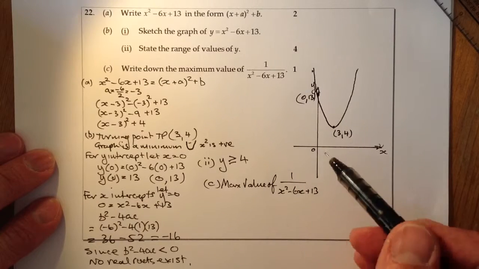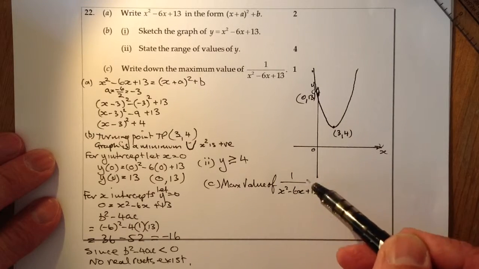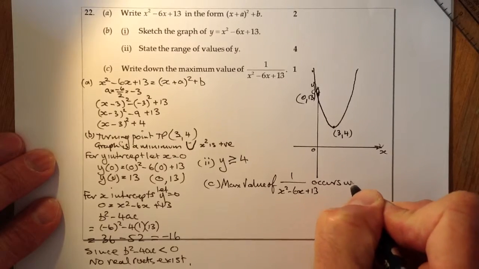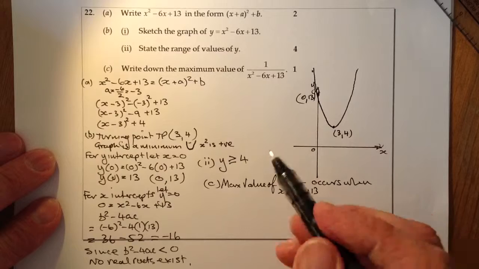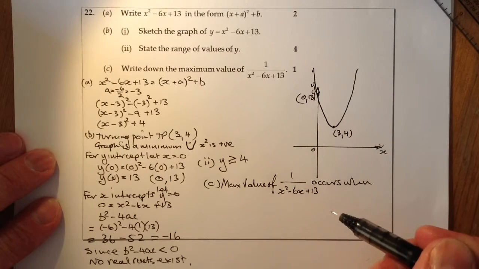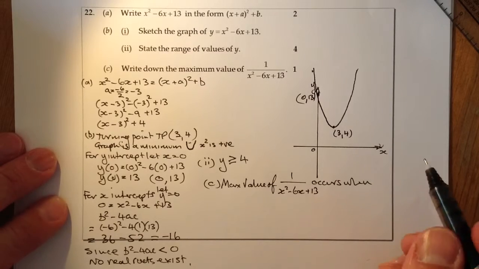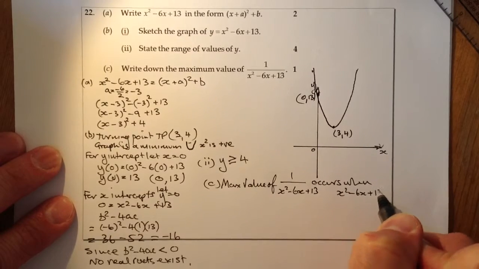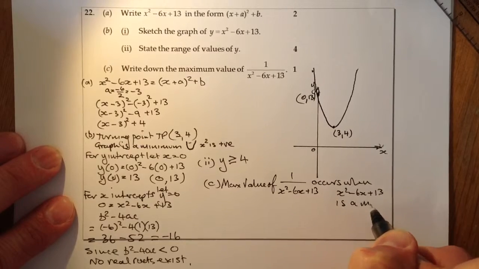I know that the maximum value of this fraction occurs when the bit at the bottom of the fraction, the denominator, is a minimum. So when x squared minus 6x plus 13 is a minimum.